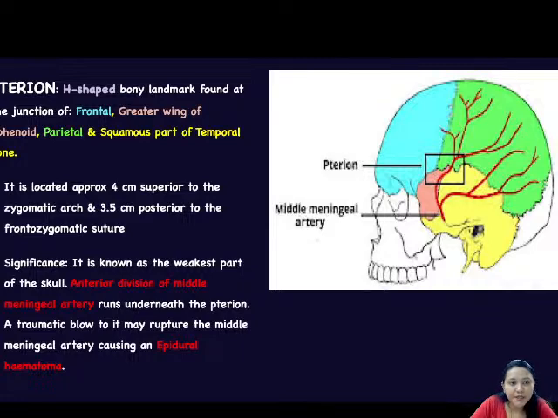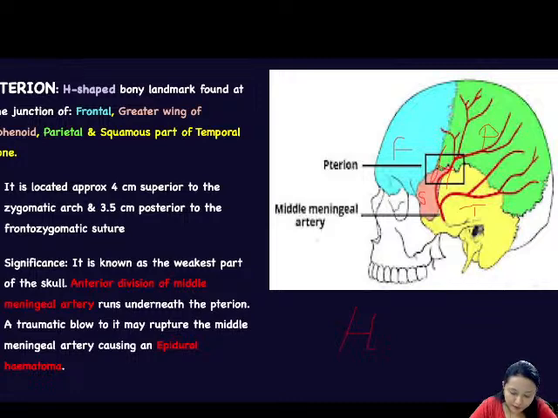So Pterion, as you know, is an H-shaped bony landmark. If you can see in this image, the shape is like H. It is at the junction of the frontal bone, then this red color is the greater wing of sphenoid, then you have the parietal bone and the squamous part of the temporal bone.